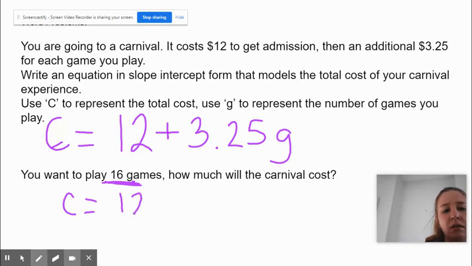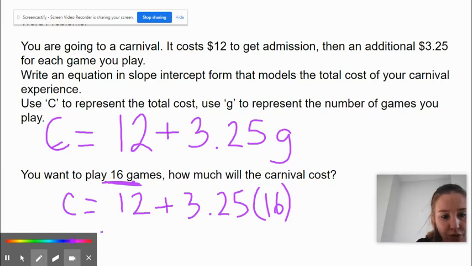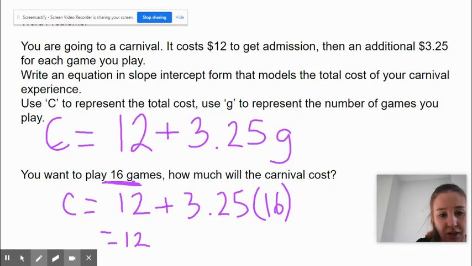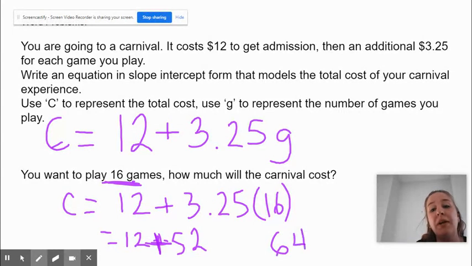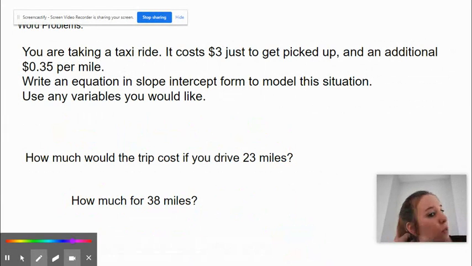Well, $3.25 times 16 games, which becomes $12 admission fee plus the amount you've spent on actual games. It's $52. So your total cost would be 12 plus 52. So you'd be spending about $64 at that carnival. All right, last one.